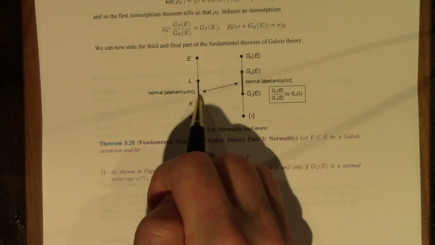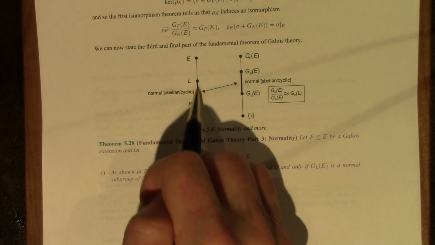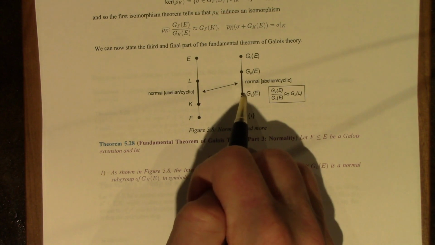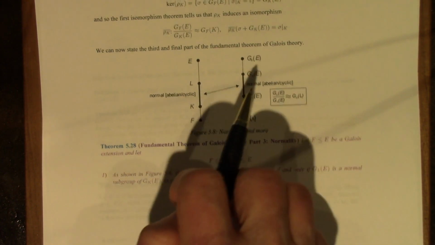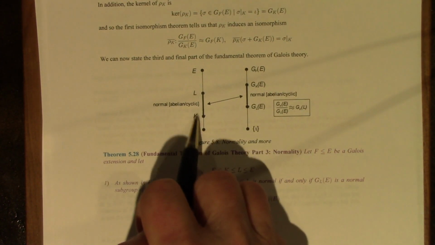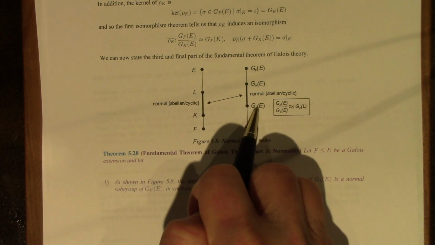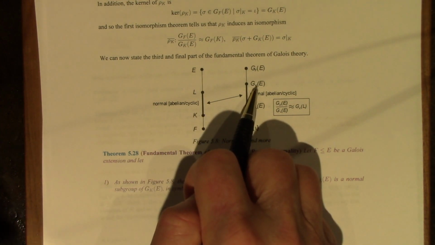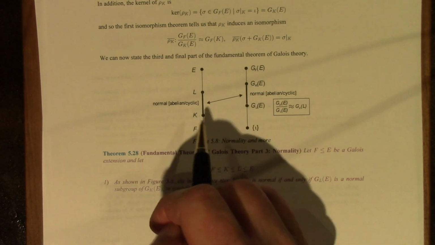So if this is normal if and only if this is normal, and notice how things are reversed here. K is below L here, but L is below K because of the order reversing nature of the Galois maps.